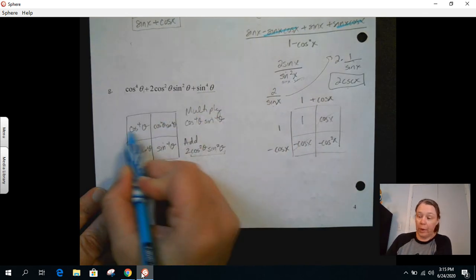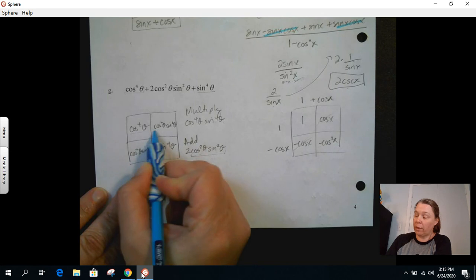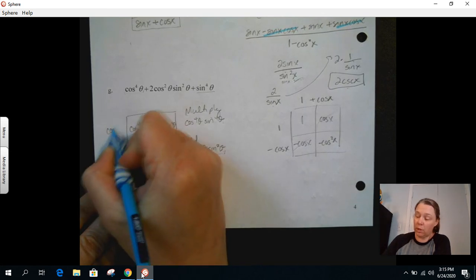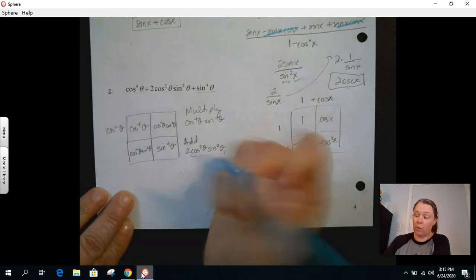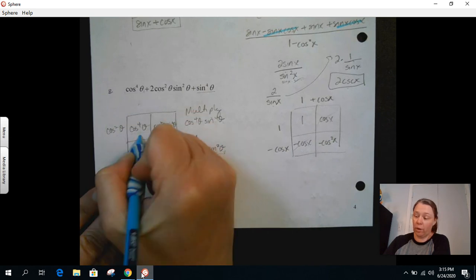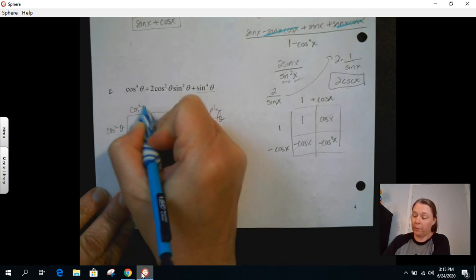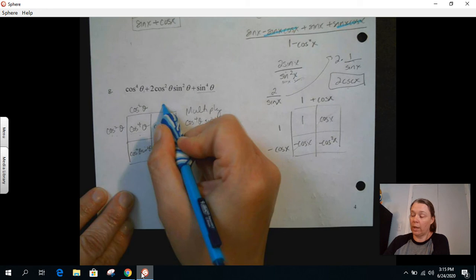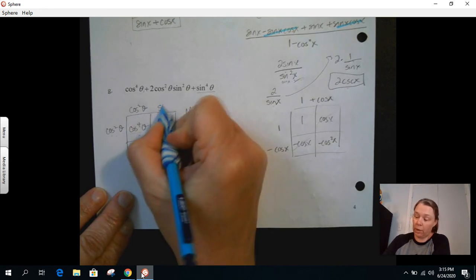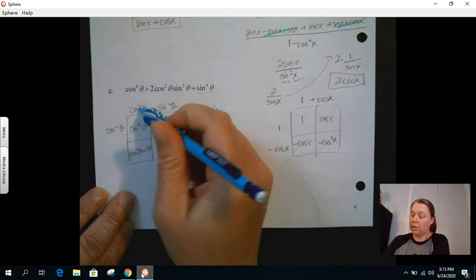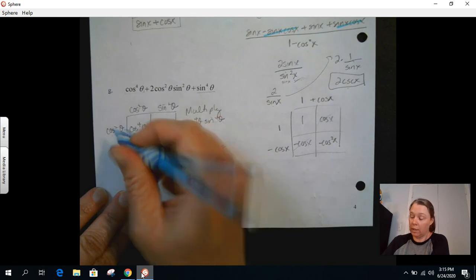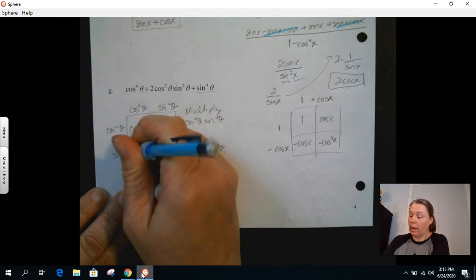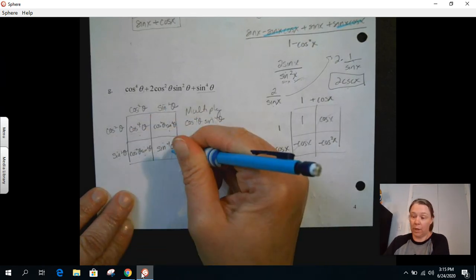So from this row, I notice this is cosine to the 4th, this is a cosine squared. I'm going to pull cosine squared out. And then I'm going to think, cosine squared times what is cosine to the 4th? Another cosine squared. And this times what would get me here? I would need a sine squared. And then cosine squared times what would get me here? I need a sine squared. And then this times this, if you did it right, should end up being your last box.